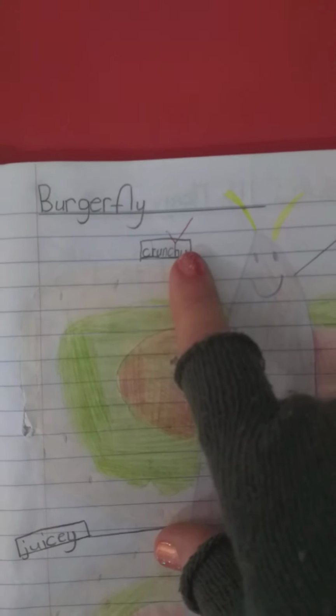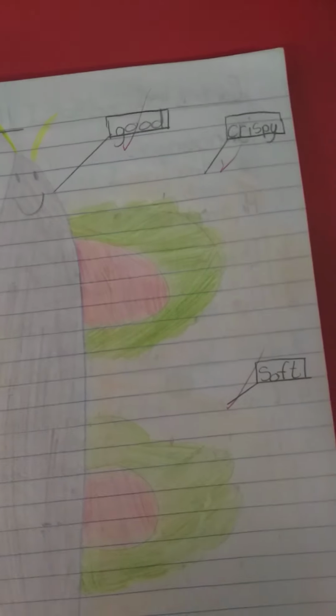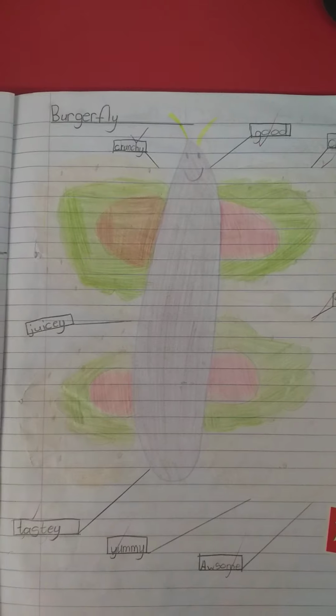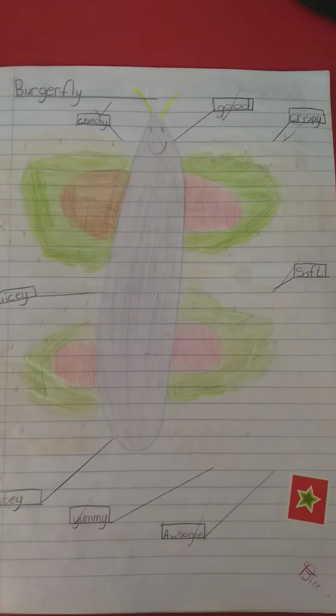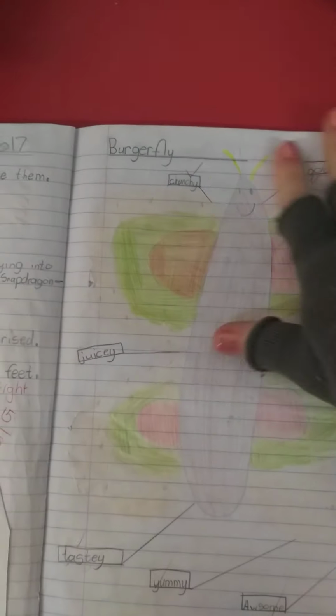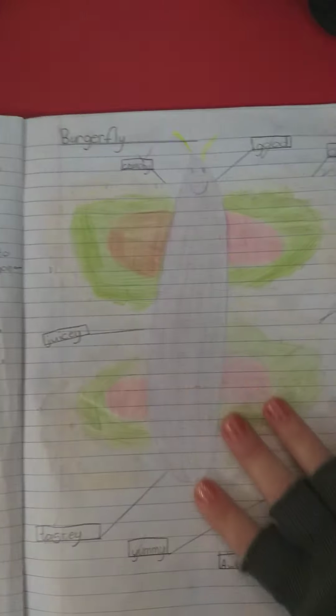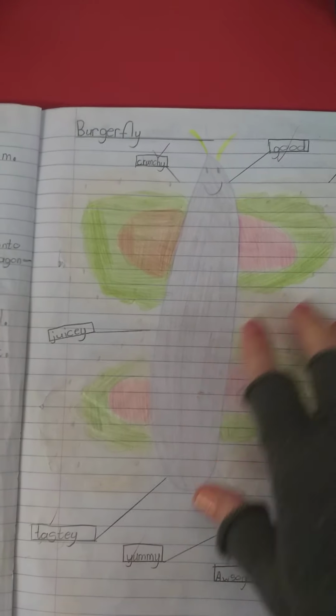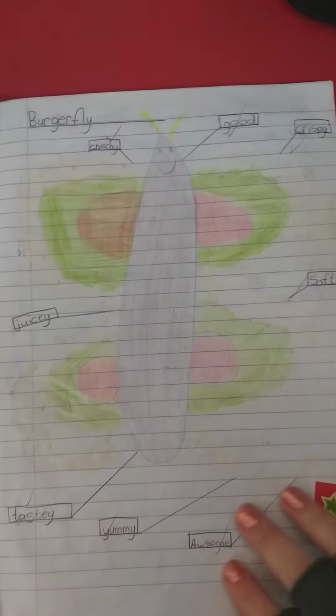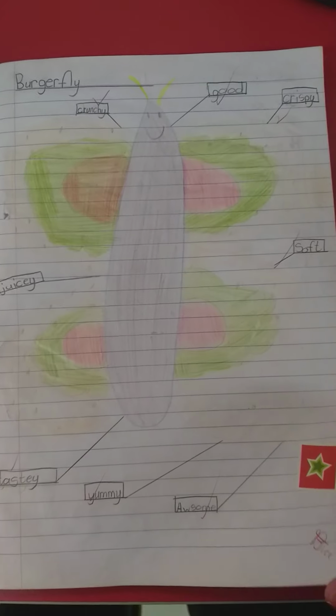They said it was crunchy and juicy and good and crispy and soft and awesome and yummy and tasty. So you are going to think of your own invented, imaginary insect. You're going to draw it, using the full size of your page. You're going to color it in, and find 8 adjectives to describe it.